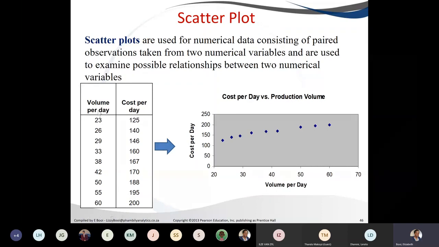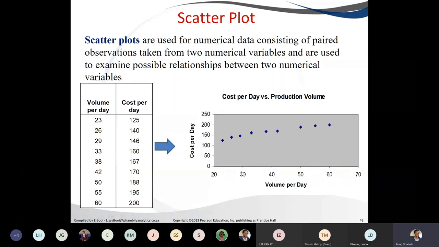So if you look here, we have the volume and the cost per day. And if we plot them, you will see the relationship that when the volume bought per day increases, the cost also increases.